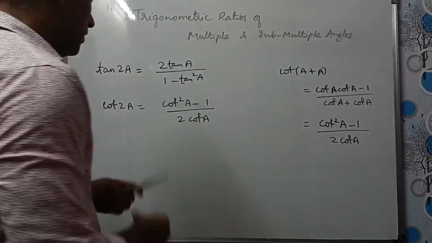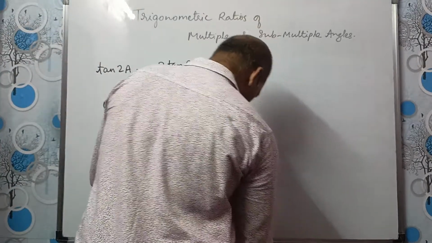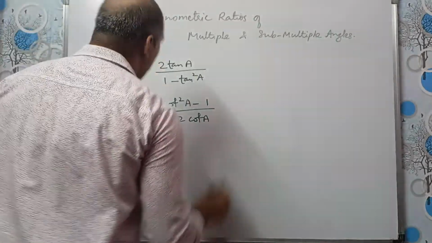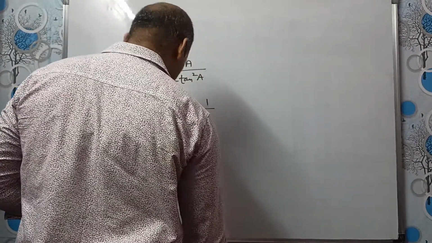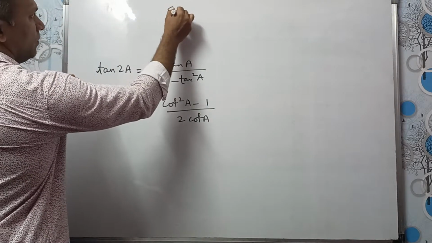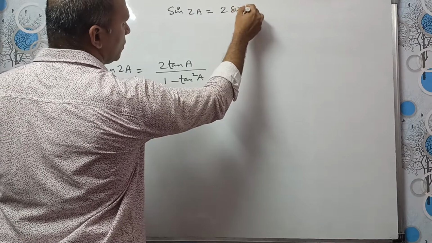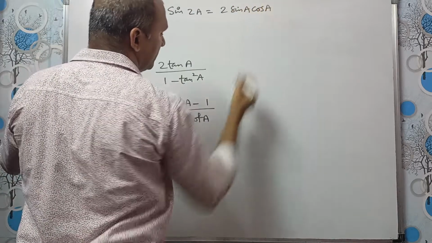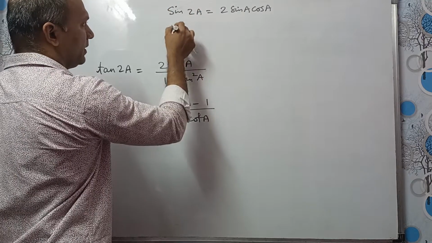Okay. Alright. So how many formulas did we learn now? So far in this video we have studied 4 formulas. Let me rub the heading also. We have sin 2A is equal to 2 sin A cos A. Alright. Great.